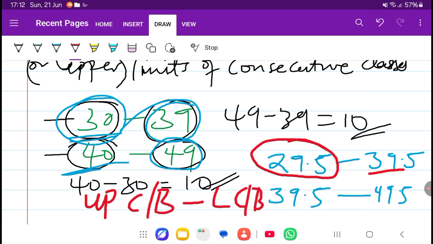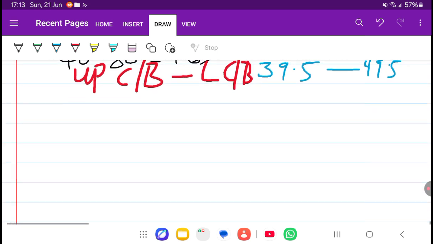So we take 39.5 minus 29.5, it also gives you a 10. And that 10 is going to be our class interval, or what we call the class width or class length, because it is just the distance between the lower class limit of the consecutive classes.